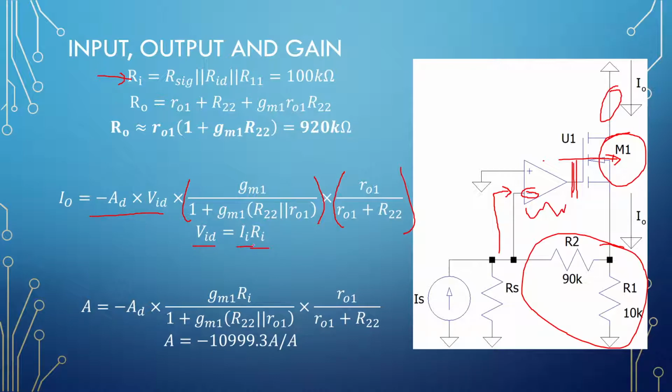So now we can just replace VID with Ri, and we have our current gain right here. Okay, so those two will go away and we will have I out over II and our current gain calculated, and that's almost minus 11,000 amps per amps.